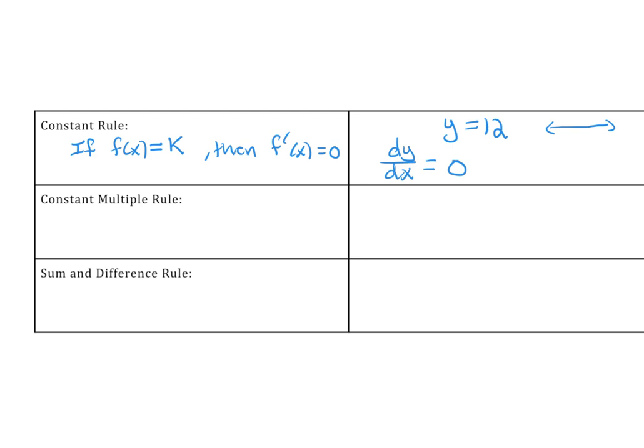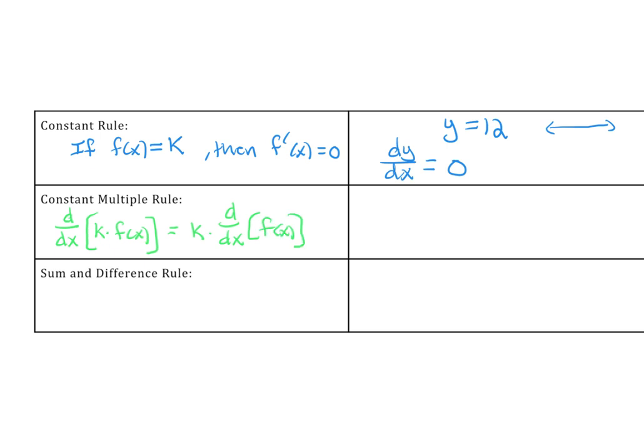The constant multiple rule says that if you're taking the derivative of a constant being multiplied by a function, you can just bring the constant out in front and then take the derivative of the function.